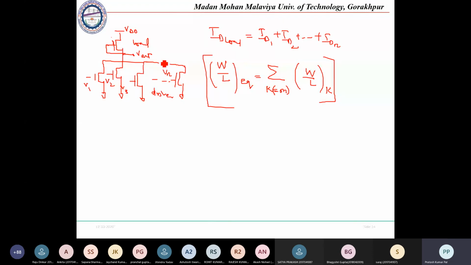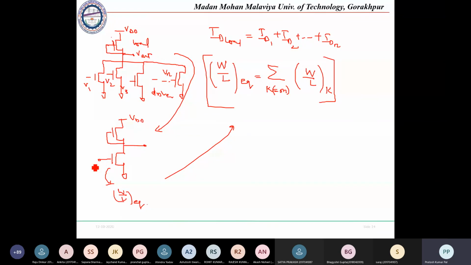So whatever analysis we are doing, if this is the load and this is the driver, and we implement the same as an inverter, all the parallelly connected transistors are represented in terms of a single transistor, which will have the equivalent W by L ratio given by this formula. So any combinational circuit can be implemented in the form of its equivalent inverter.